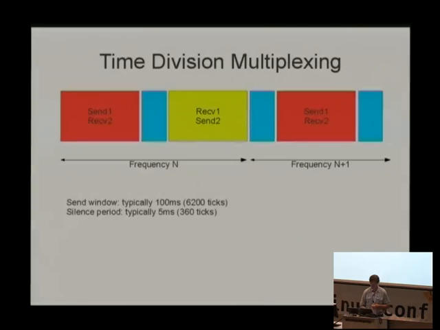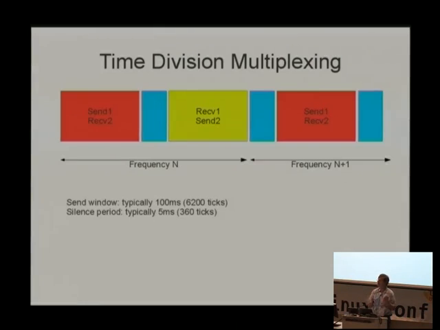So we end up with a little diagram like this, where we have a little window at the beginning, the red bit, where the first radio is allowed to send and the other radio is receiving. And then there's this blue bit in the middle, which is a silence period, a small period of time where neither radio is supposed to be speaking, assuming that they've both got their clocks synchronized correctly.